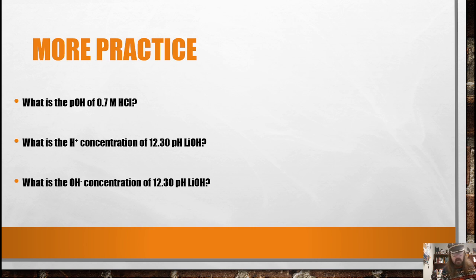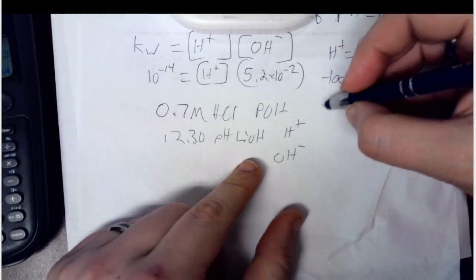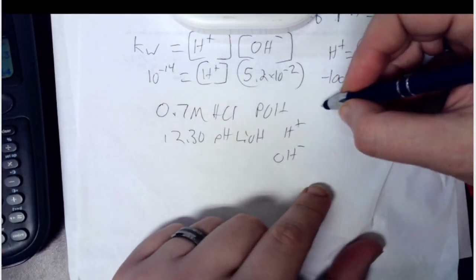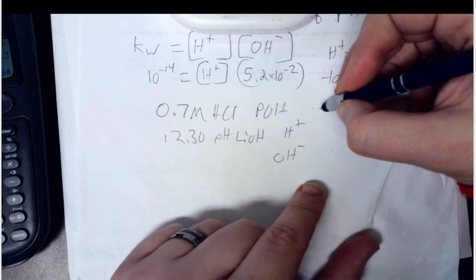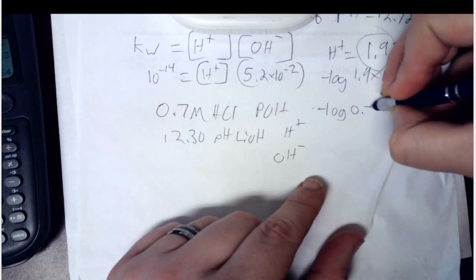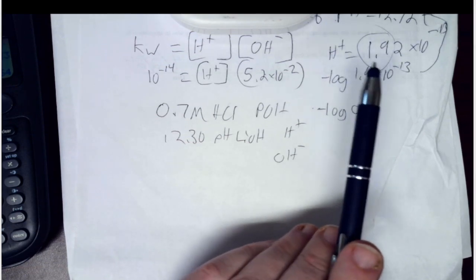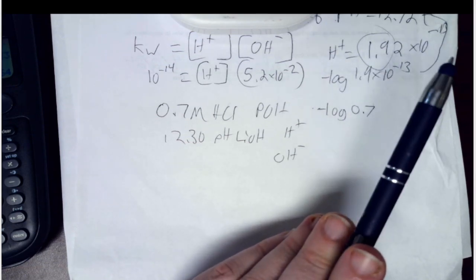So let's go back to the doc cam and see what we can see. So, with that in mind, the easiest thing to do first is find the pH. So the negative log of 0.7, since I only have 0.7 and I know other sig figs.